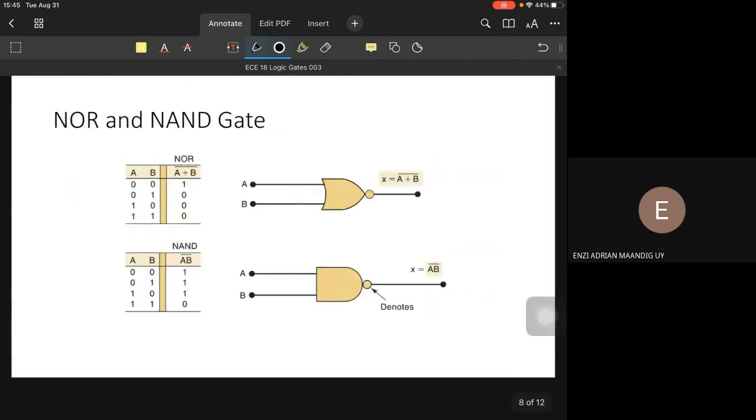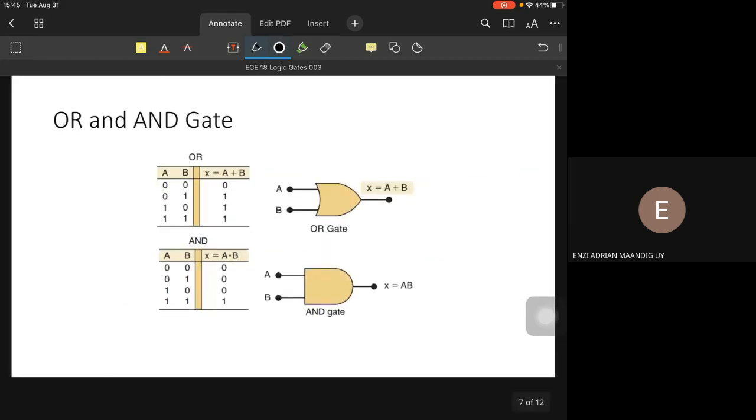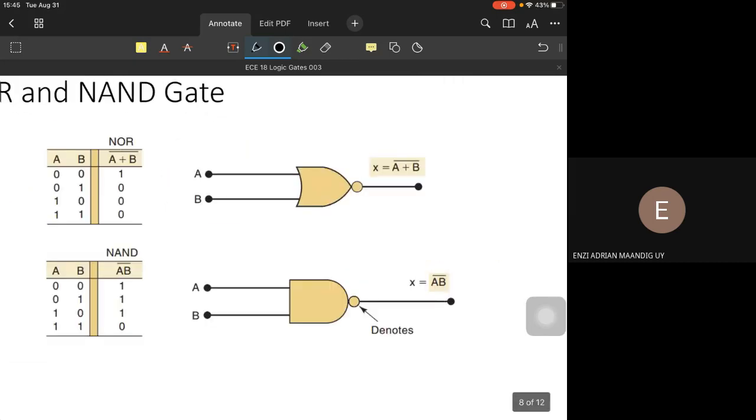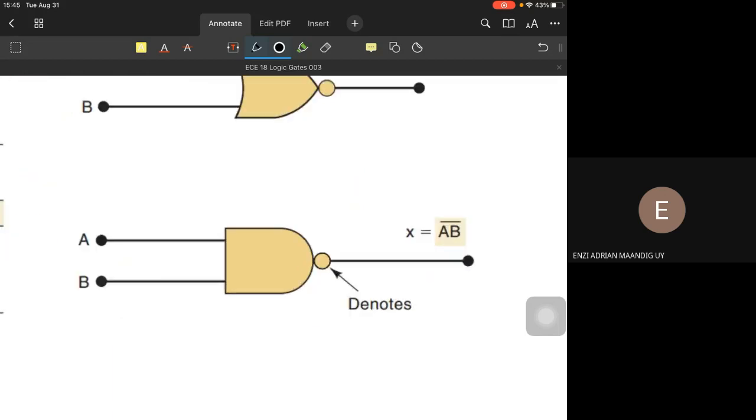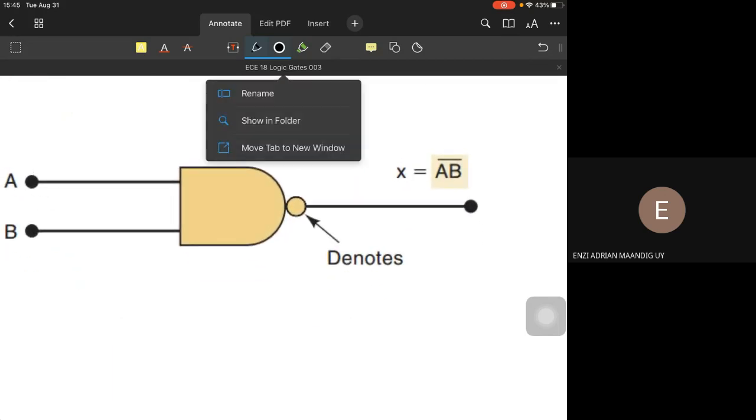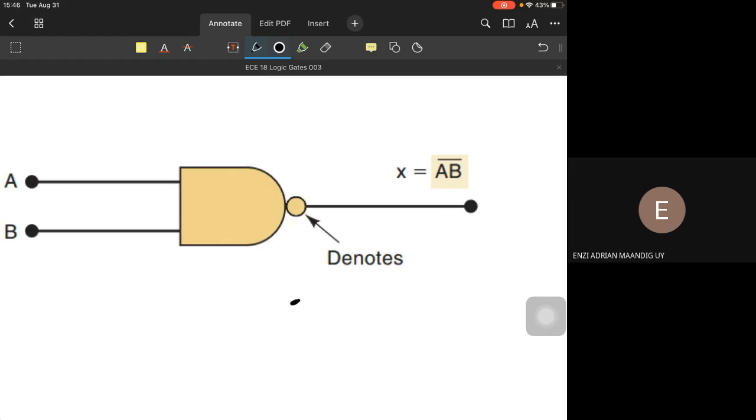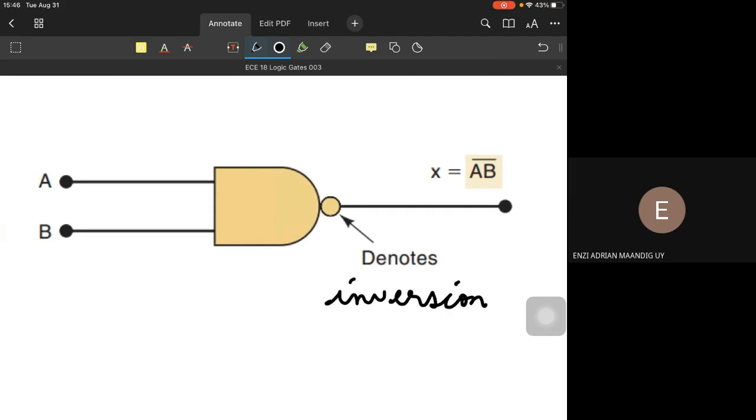Next slide. NOR gate. These are the OR and AND gates. And these are the NOR and NAND gates. Again, the bubble denotes inversion. Before the bubble, it is an AND gate.